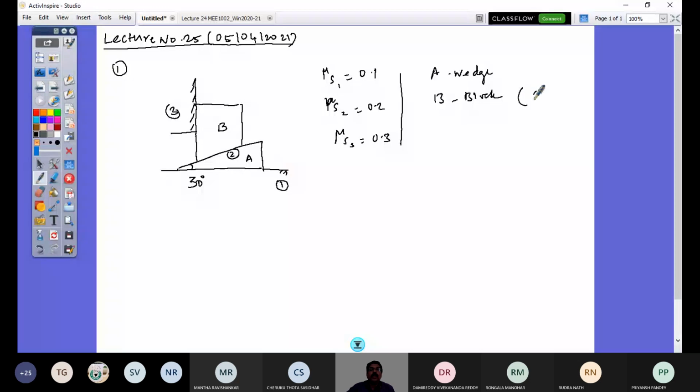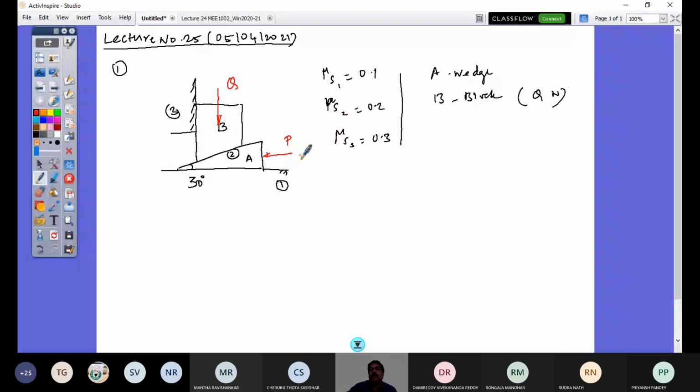So there is a load Q Newton on this, and a force P is required to be applied here. Now determine the range of value of P.